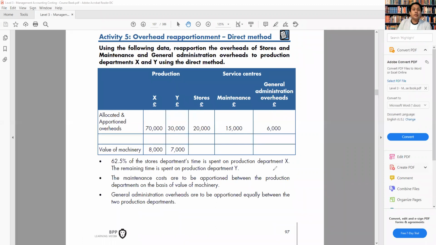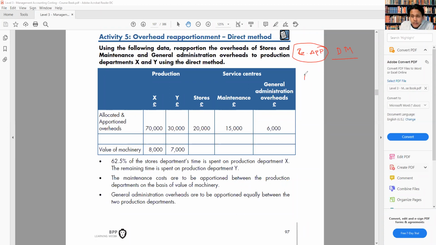So let's talk about the direct method first. In the direct method, all we have to do is reapportion the service department cost. Let's say we have production departments and service departments.